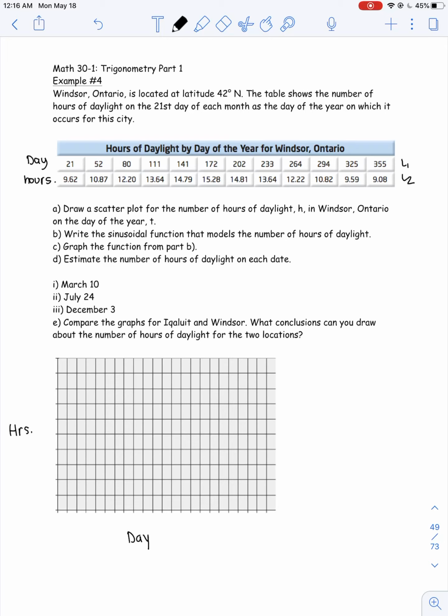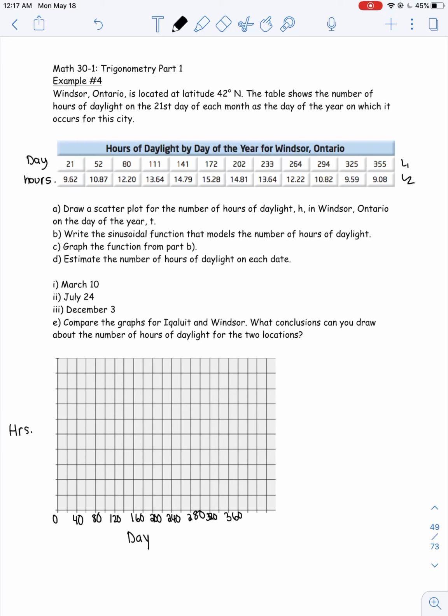We know that in a year we have 360 days, so we can go up by 20. I'm going to skip just to give myself some room: 0, 40, 80, 120, 160, 200, 240, 280, 320, 360.